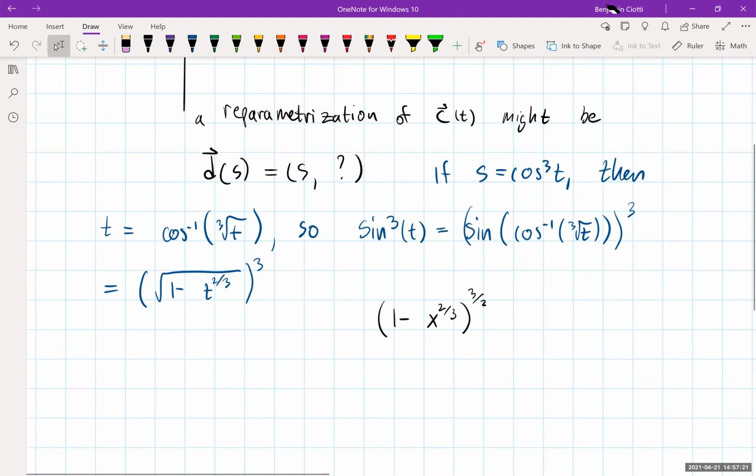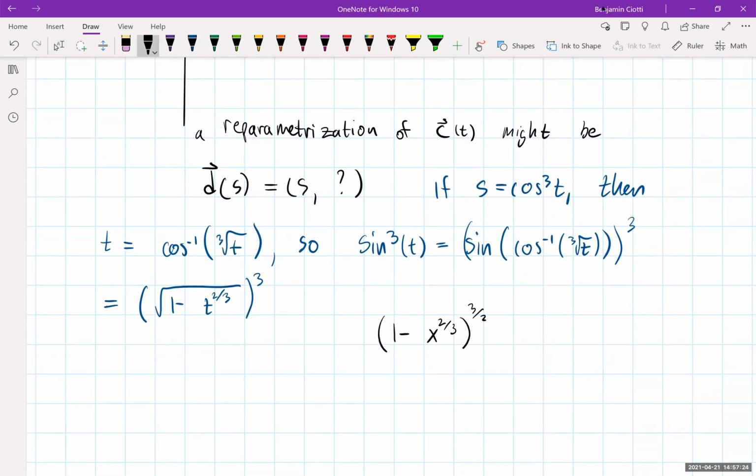It's like mapping from one surface to the other surface. Well, I did it by letting s equal cos cubed of t, and in that case the other coordinate has this equation. So another parameterization would be d of s equals 1 minus s, all to the 3 halves, or 2/3, all to the 3 halves.